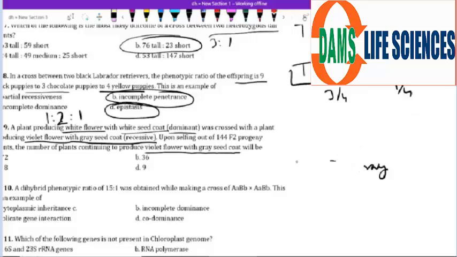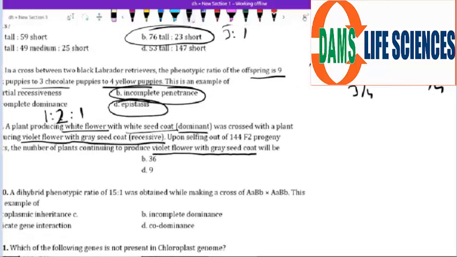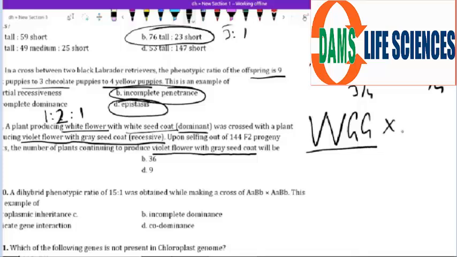Normally in genetics, we take the recessive character, so violet, and dominant we denote by capital V and recessive by small v. So we are crossing capital V capital G, that is white and white, with small v small g, this is violet and gray. Oh, sorry, this one is white and white, and this is violet and gray. If we cross them, in F1 we will get all capital V small v, capital G small g.